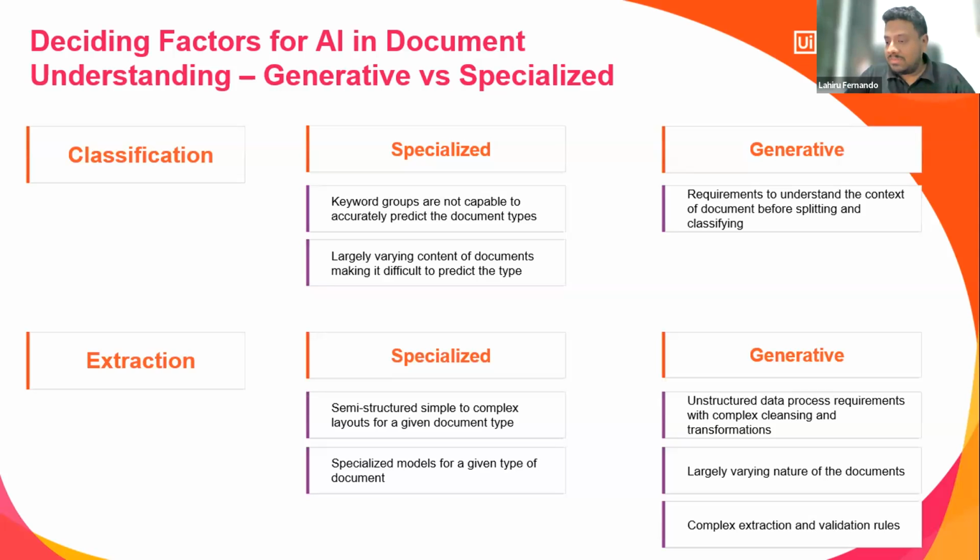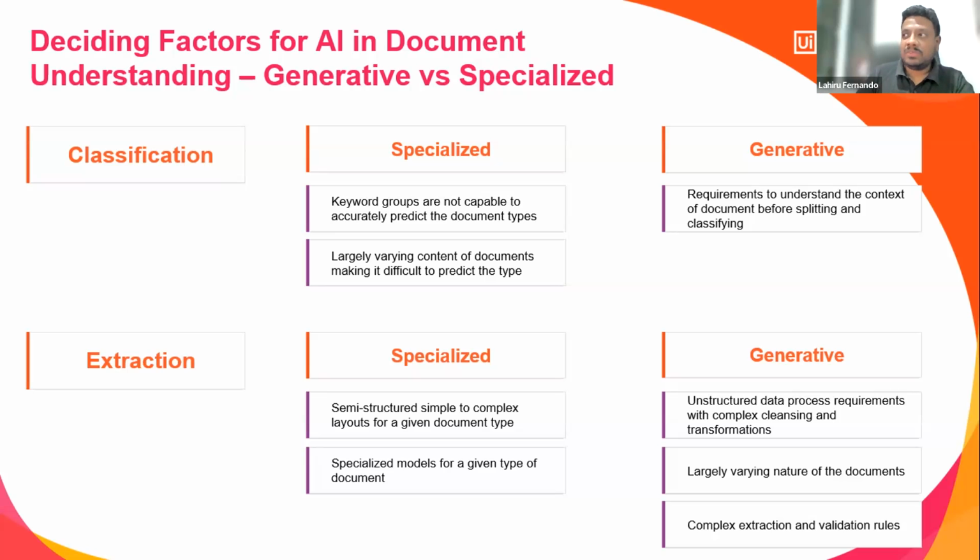I multiple times mentioned specialized AI and also generative. In UiPath, we have both of these options for classification and extraction. When it comes to classification, we do have specialized AI capabilities. Like in AI Center, there is a classification model that you can use. Even the Document Understanding service offers you a classification capability. Or else you can find the intelligent keyword classifier.